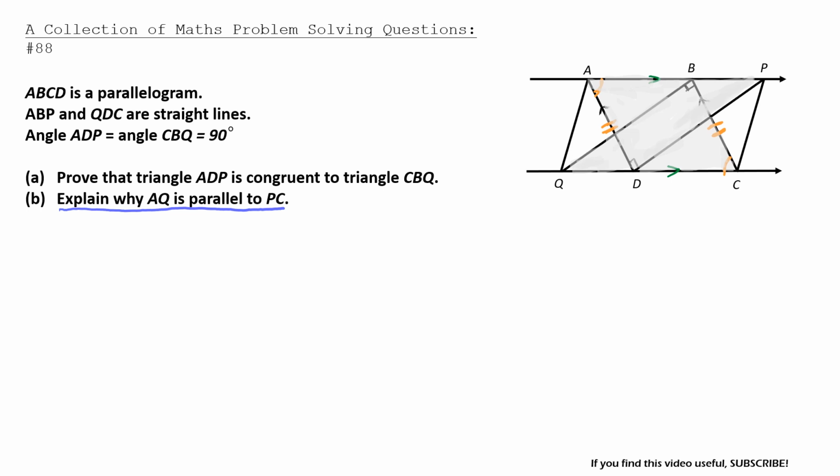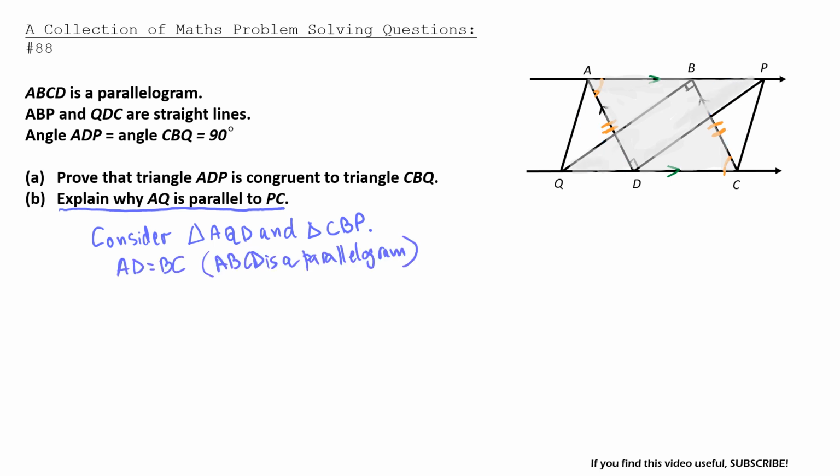So how do we go about doing that? We will first consider two different triangles, AQD and CBP. If you consider these two triangles, you see AD is BC, that's already done, because ABCD is a parallelogram, and then QD equals BP.